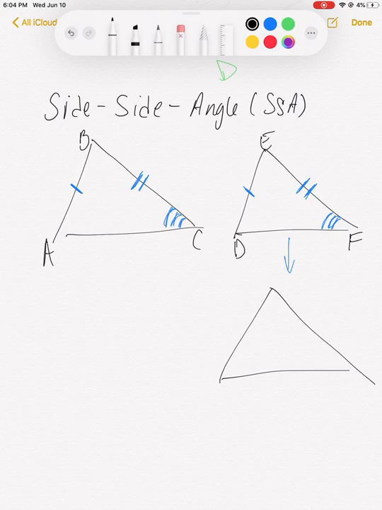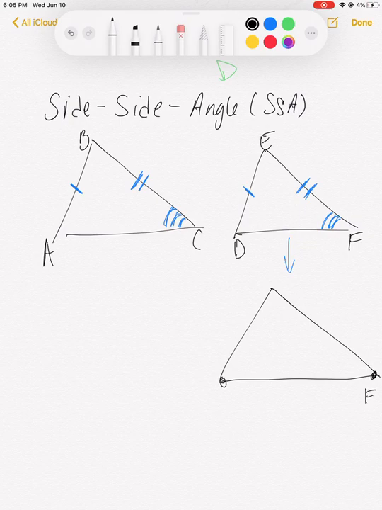Okay. There's F, D, and E. What can vary? Well, we can vary DF. We can vary angle D. We can vary angle E. So EF needs to stay the same. Let's see if we can make a counterexample where it's the same correspondences.